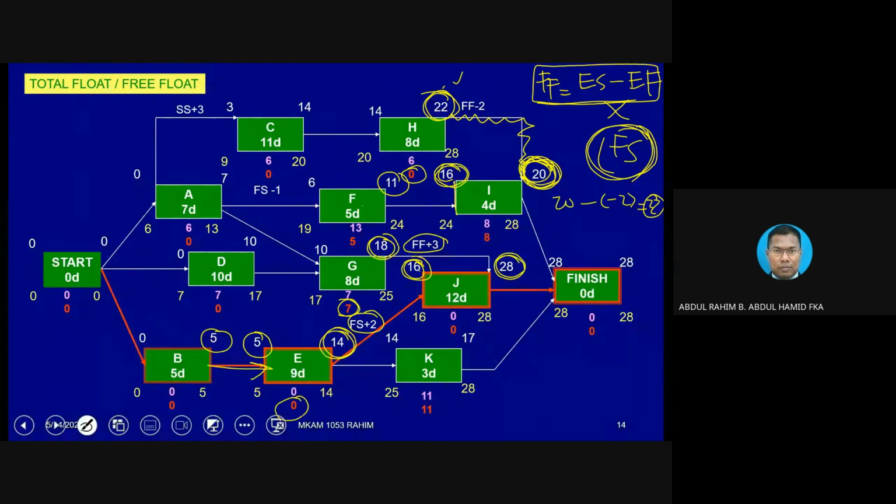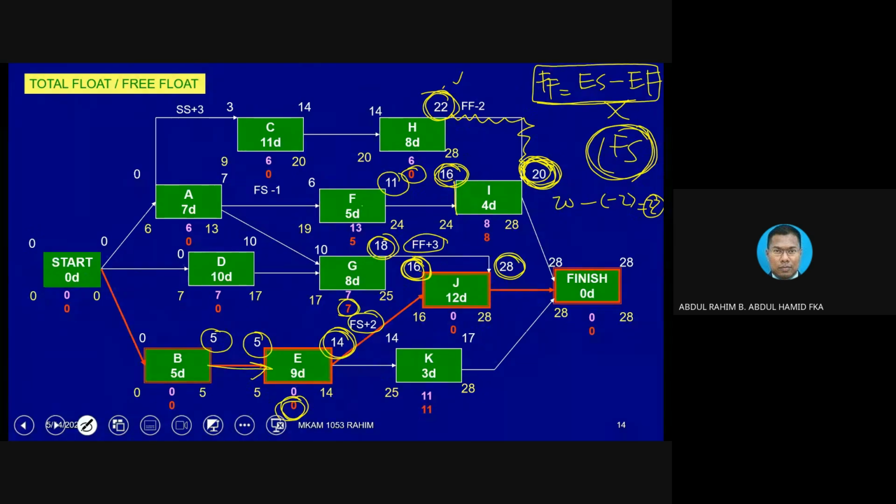So the proper way to calculate is 16 minus 2 first, then we get 14. 14 minus 14, then we get 0. So what we are doing is comparing the starting of the subsequent activity and the finishing of the current activity that we are trying to get the value from. That is the thing.